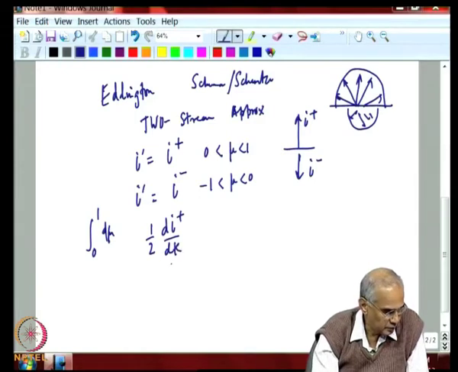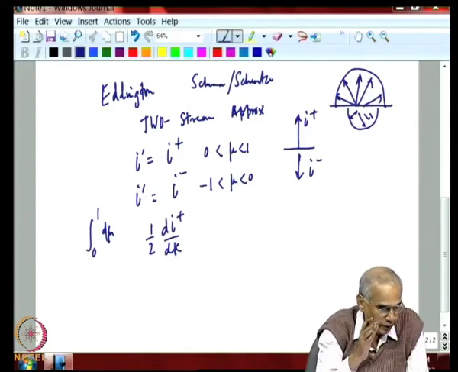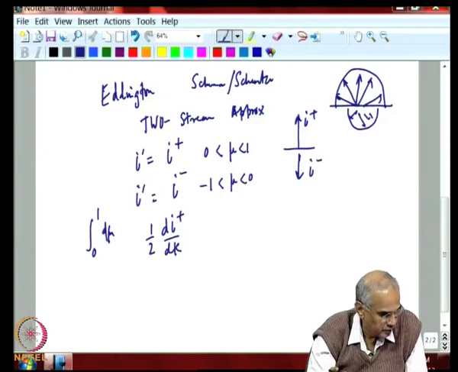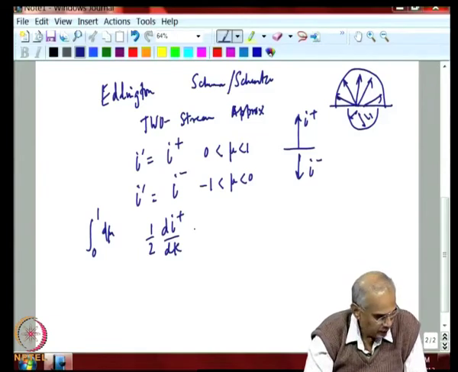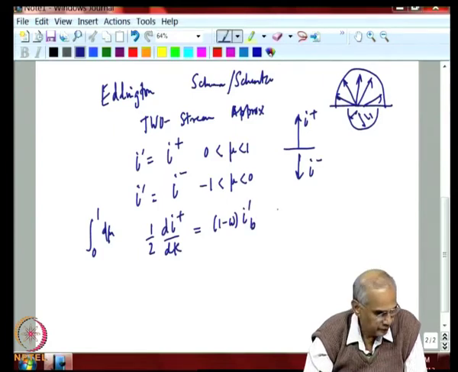The first term involves integration of only I prime, which is independent of angle in the upward quadrant according to our assumption. So, you are integrating over mu. So, this will be half the first term. Then the second term, there is no angular dependence. So, it will remain the same.